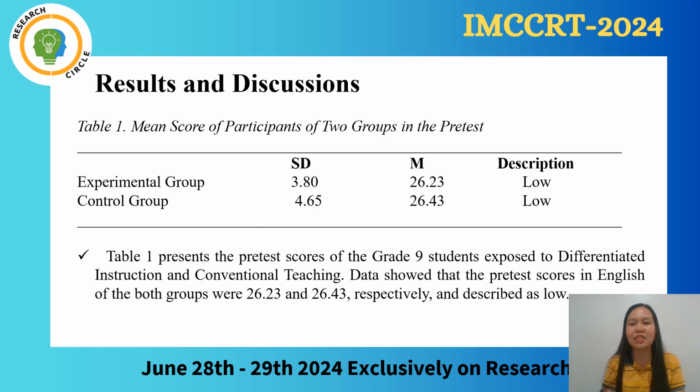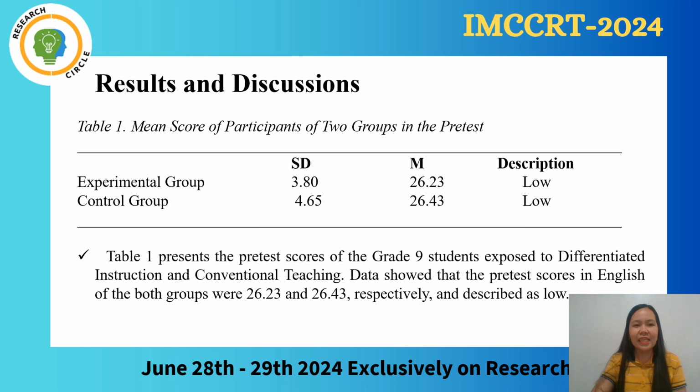Now, for the results and discussion for statement of the problem 1, we have here a table which shows the pre-test scores of grade 9 students exposed to differentiated instruction and conventional teaching. Data showed that the pre-test scores of English are 26.23 and 26.43, and both are described as low. So we can say that before the intervention, students were somehow homogeneous in their pre-test scores in English.